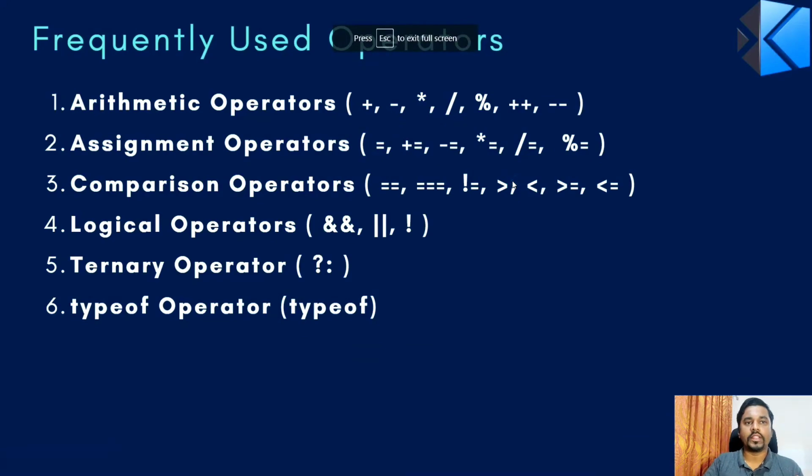Other arithmetic operators are the increment and decrement operators. So that is your plus plus operator and a minus minus operator. We have to understand these in a bit of a different way, because these operators are quite interesting.